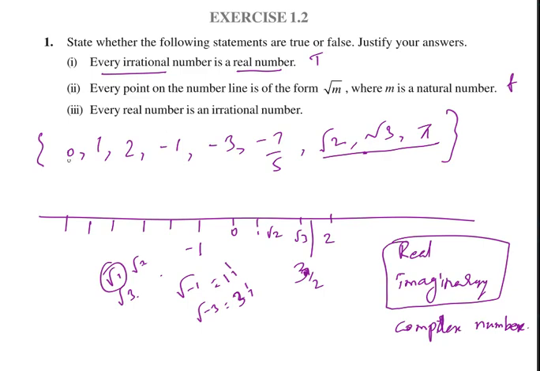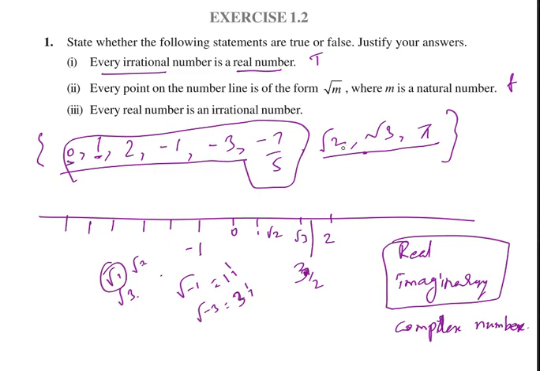No. 0 is not an irrational number. 1 is not an irrational number. Only some part of the real numbers are irrational numbers. Not every real number is an irrational number.